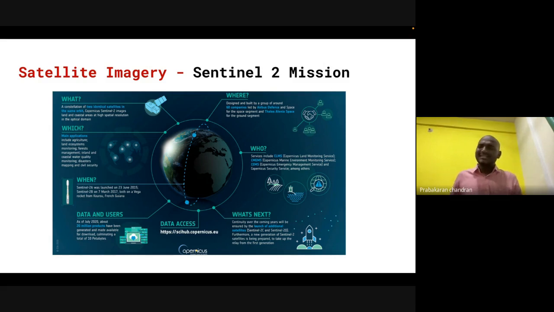Sentinel-2 is a constellation of two satellites, Sentinel-2A and 2B, and they are used for monitoring a lot of landscapes, for land ecosystems, for inland and coastal water quality monitoring, and also for disaster management.